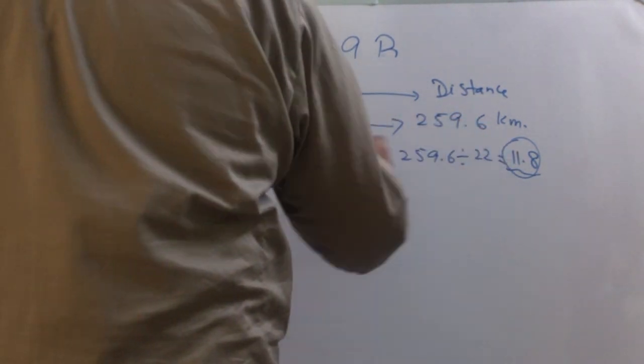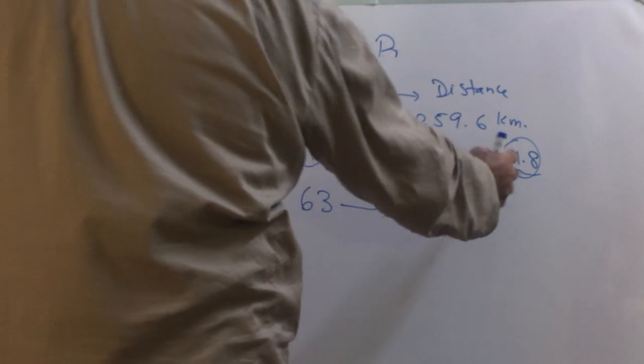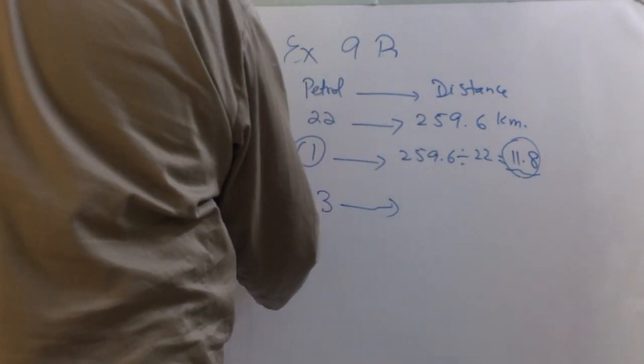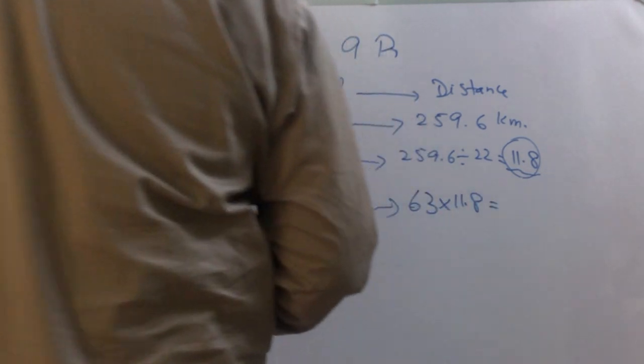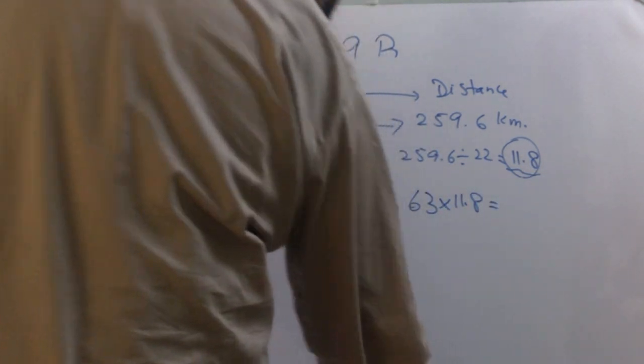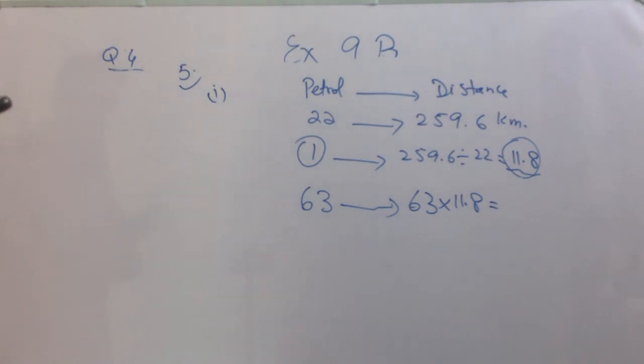In 1 liter you will be traveling this much, and in more liters you will be traveling more. So we use the calculator and find our answer by multiplying these two. We get 743.40.